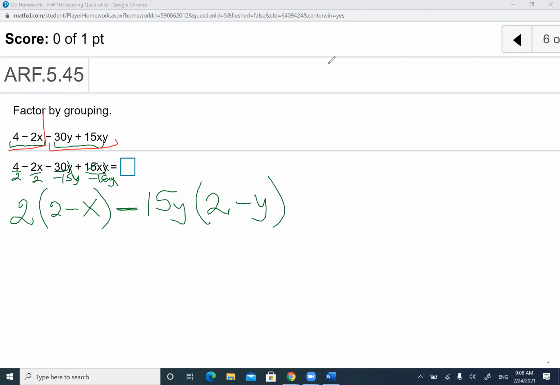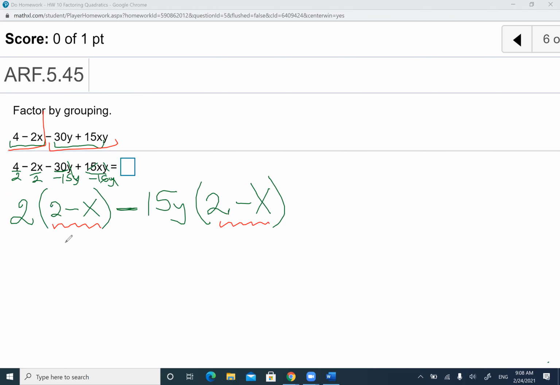Okay, so now what's happened is you have the same thing inside the parentheses, 2 minus x and 2 minus x. This is always going to be the same if you factor by grouping and if you don't make mistakes, okay? So these two should be the same, and that's going to be the common factor.